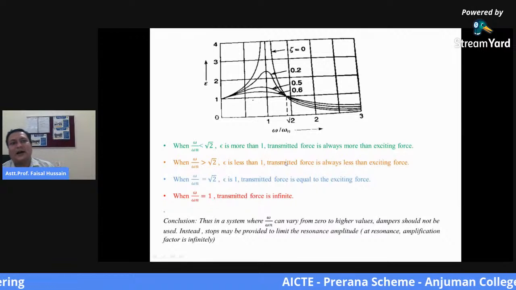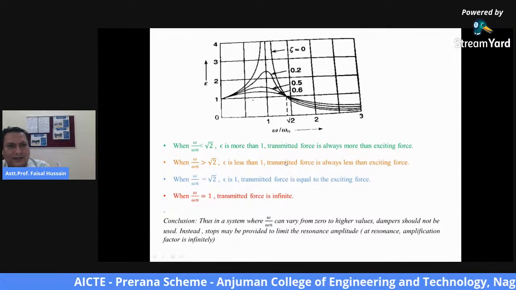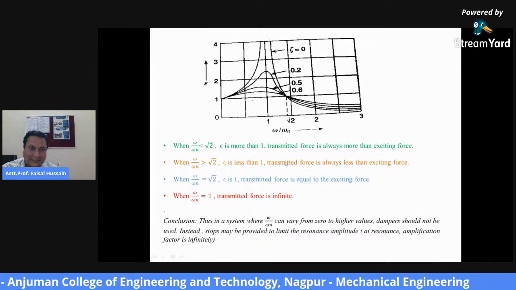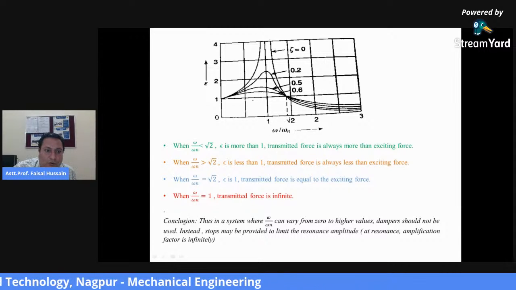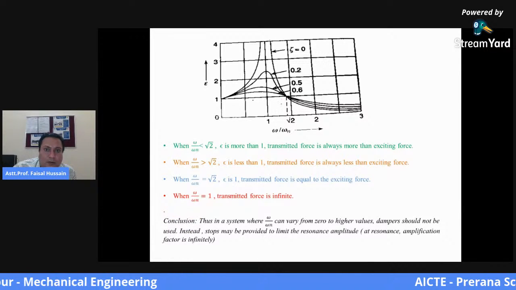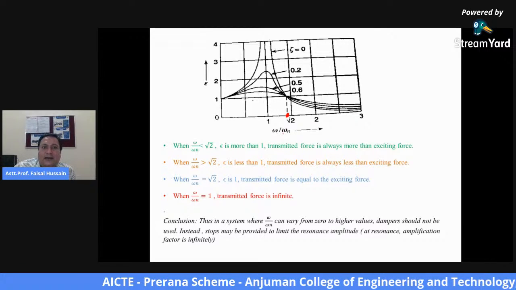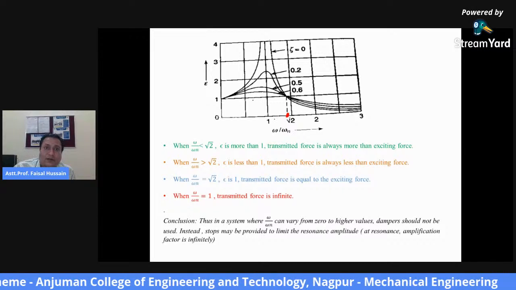Now let us see this graph. It is the graph between the transmissibility ratio and the frequency ratio. Here we can see that if the frequency ratio is less than root 2, this is my point root 2, the transmissibility ratio will be more than 1.